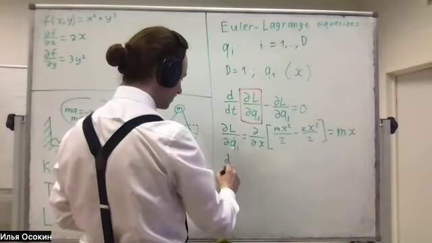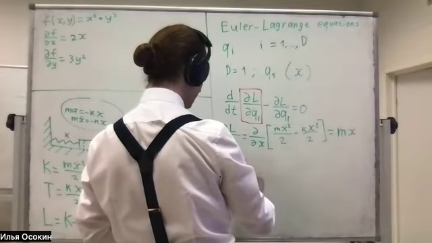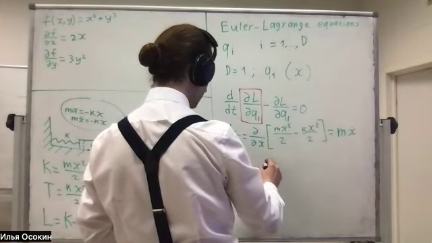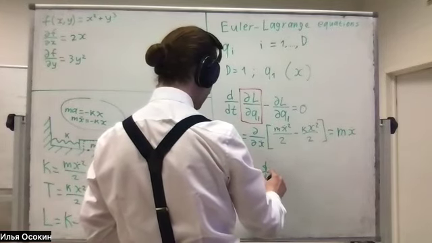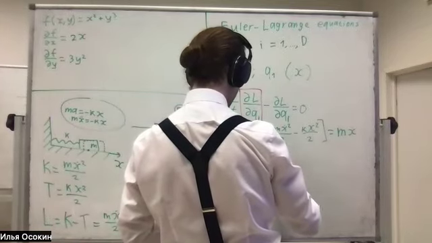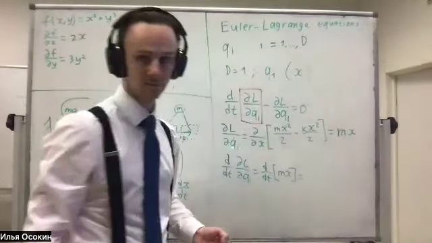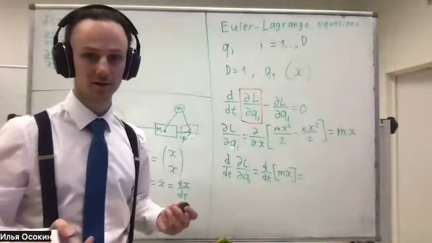So d by dt of partial L partial q sub i dot will be equal to d by dt of m x dot. Right? Yes.